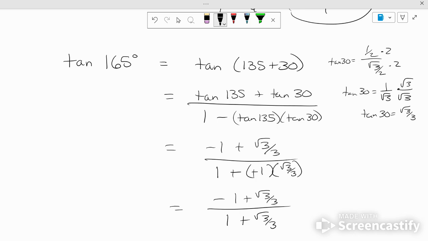It involves complex fractions, right? How can I get rid of my complex fractions? Multiply by the denominator of the denominator. So we get -3 plus the square root of 3 over 3 plus the square root of 3.